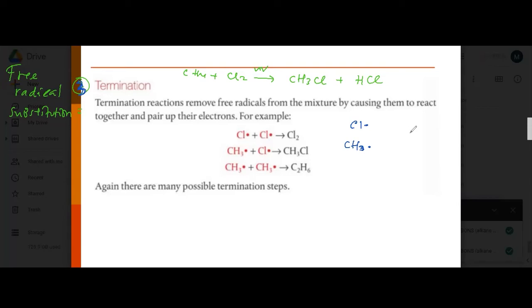Cl can combine with another Cl, CH3 can combine with another CH3 to form ethane, or CH3 can combine with the Cl free radical to form CH3Cl. Okay, but what if we have the CH2Cl free radical as well? So the combinations will increase. Okay, understand?